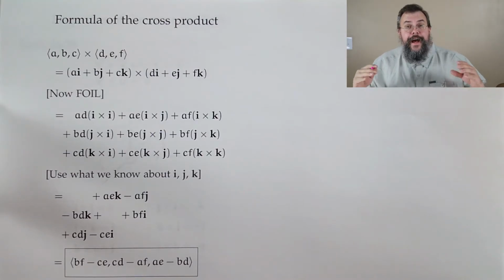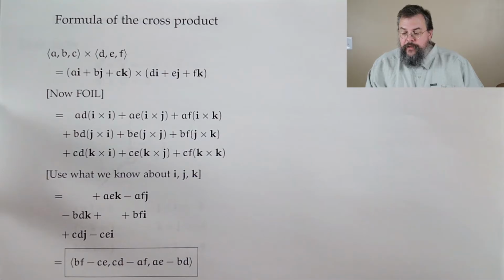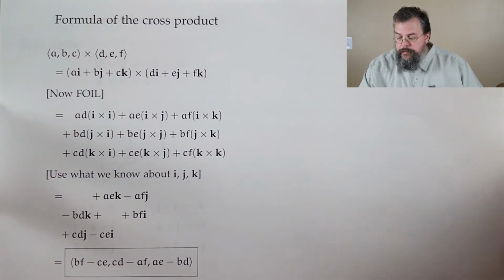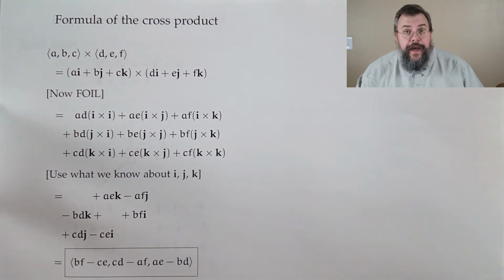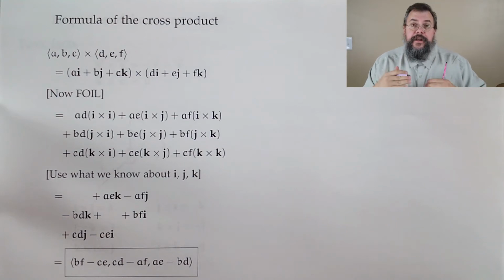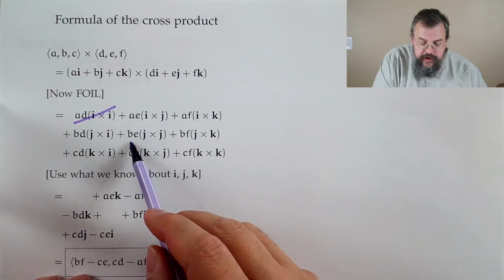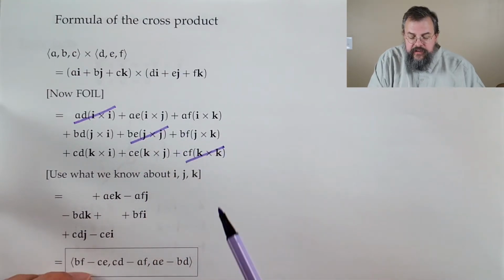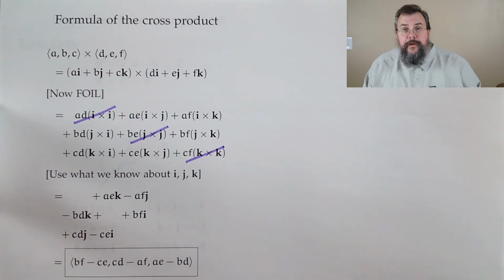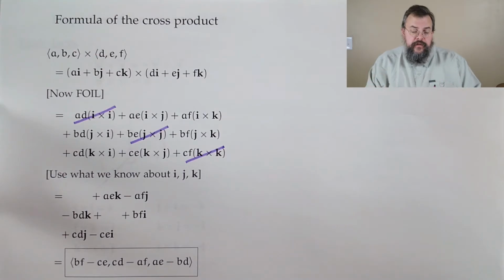But now we know how to handle these things. For instance, there's a couple of them which we can knock out right away. Anytime we take a vector cross itself, we get 0. So the i cross i, the j cross j, and the k cross k all go away. Now the remaining ones, we can say, well, we know what happens to those.